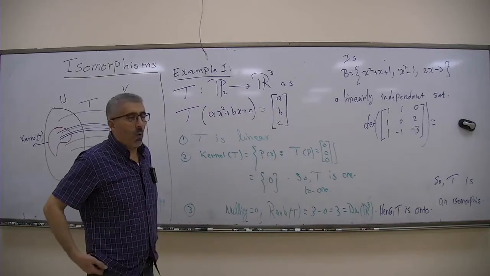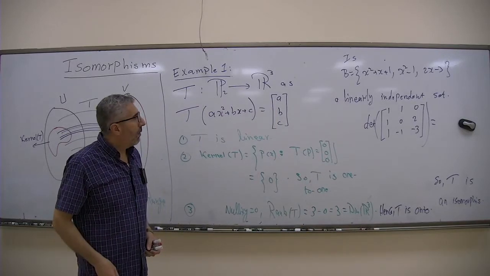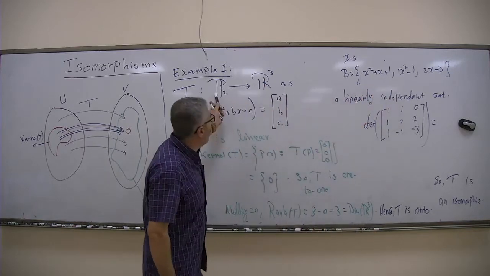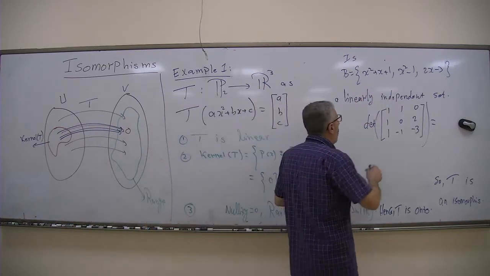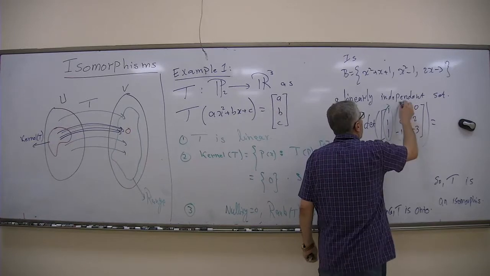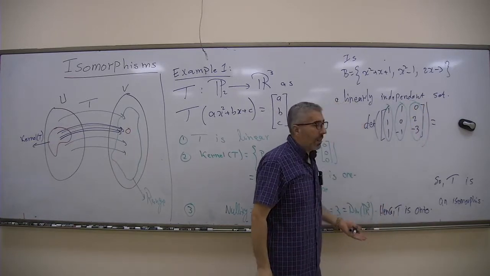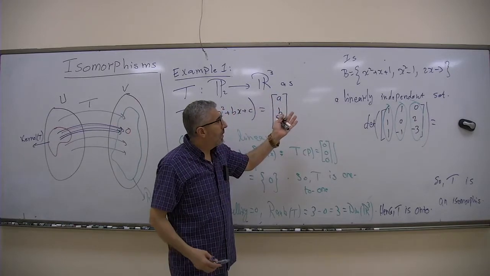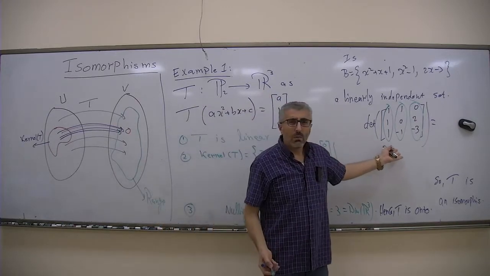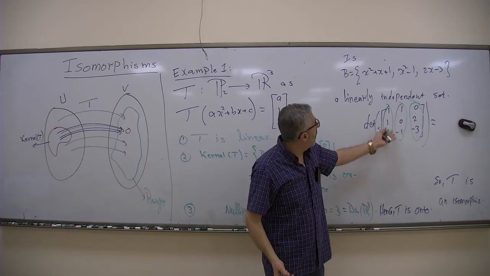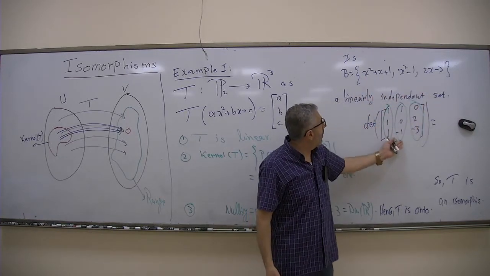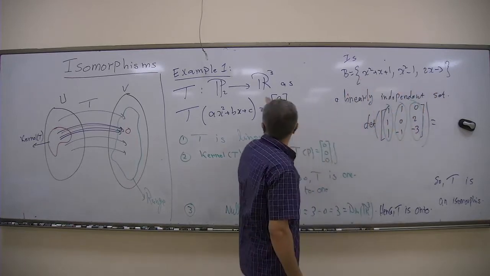And I used to ask them, why is that? Well, think about it. When you talk about those polynomials, you talk about them in P2. When you talk about those columns and you take this matrix, you are talking about vectors in R3. Why is this going to tell us whether those are linearly independent or not? Those are vectors in R3. Those are vectors in P2.